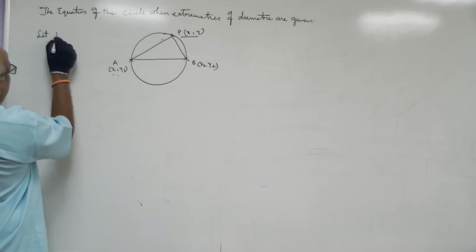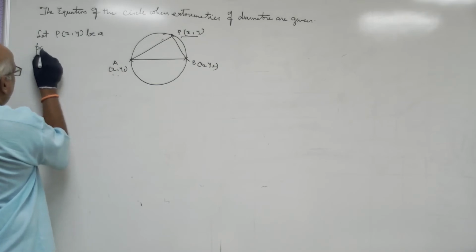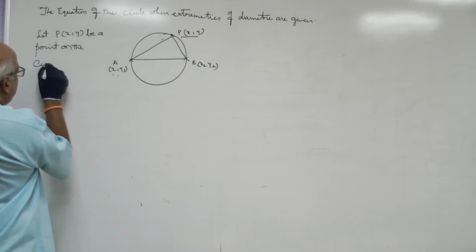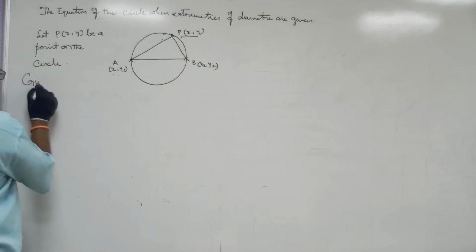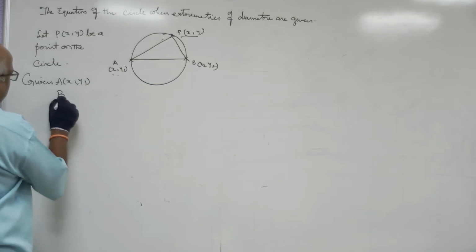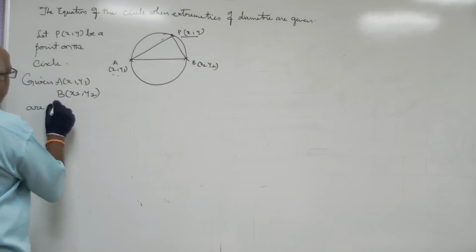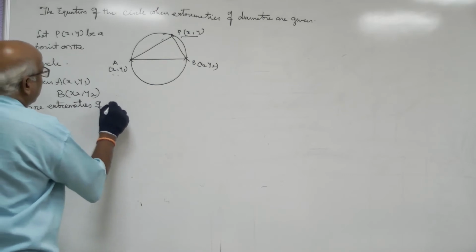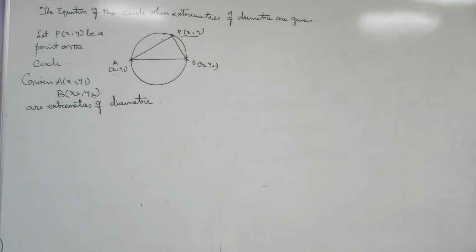We assume P(x, y) is a point on the circle. Given that A(x1, y1) and B(x2, y2) are the extremities of the diameter.